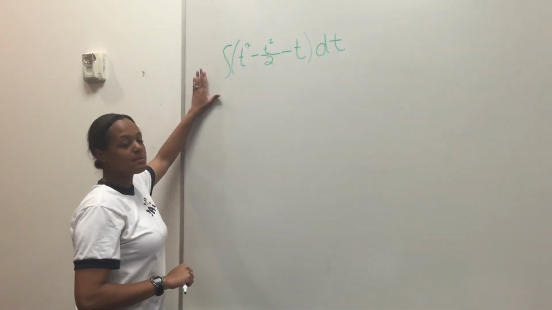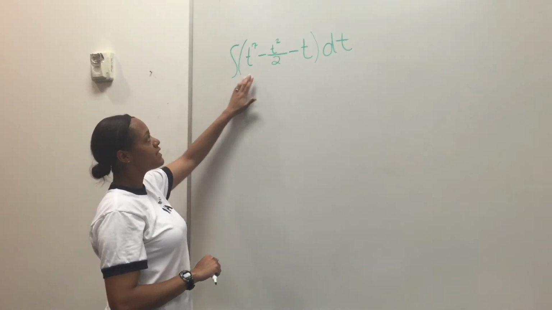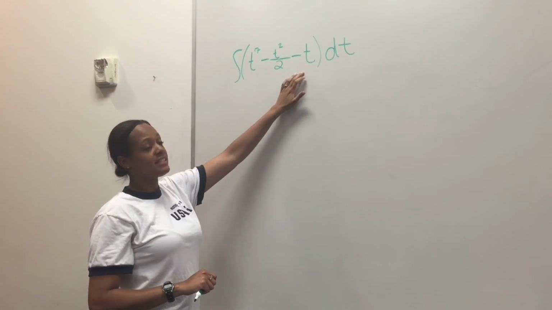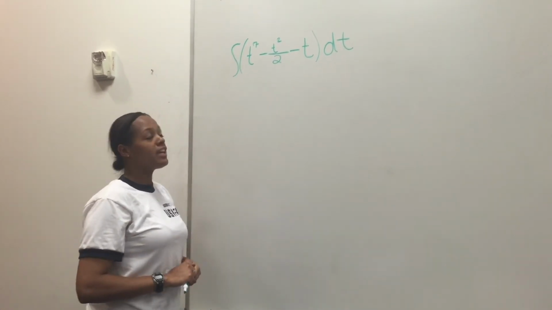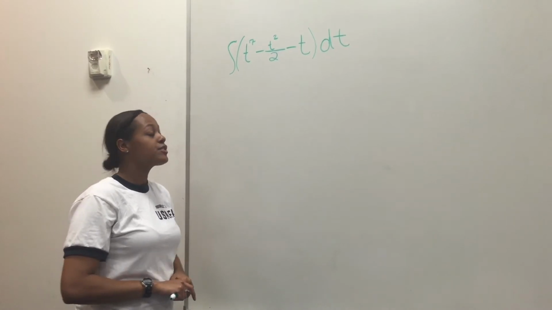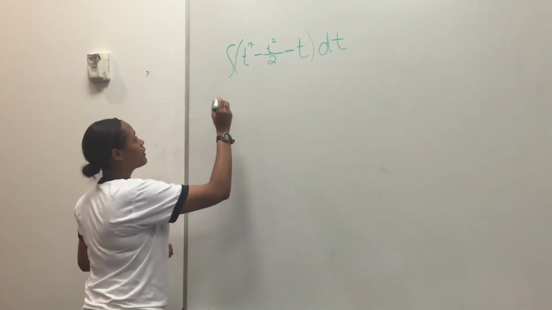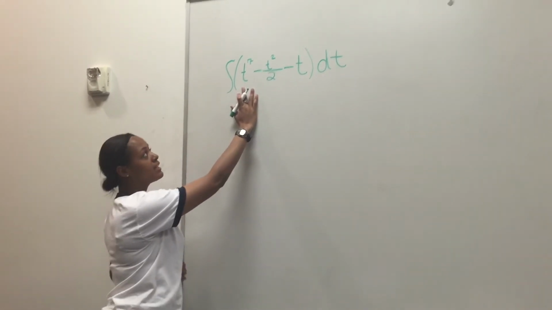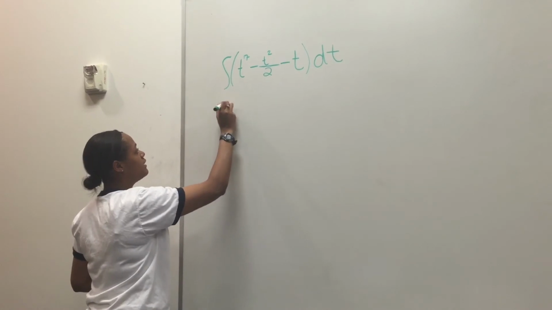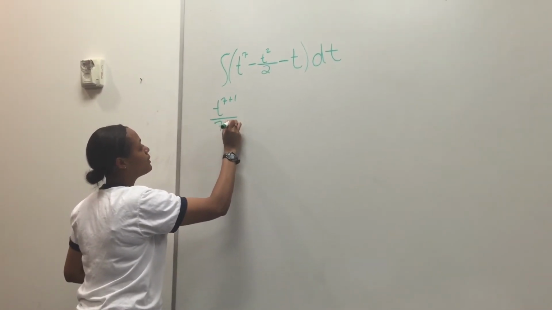For a more complex problem, we have to evaluate the integral of t to the 7th minus t squared over 2 minus t dt. To solve this problem, you would have to take each of these individually, so that you can understand that these are toolbox problems that we would use. For this one, this is just simply x to the n power, which you can evaluate as t to the 7th plus 1 over 7 plus 1.